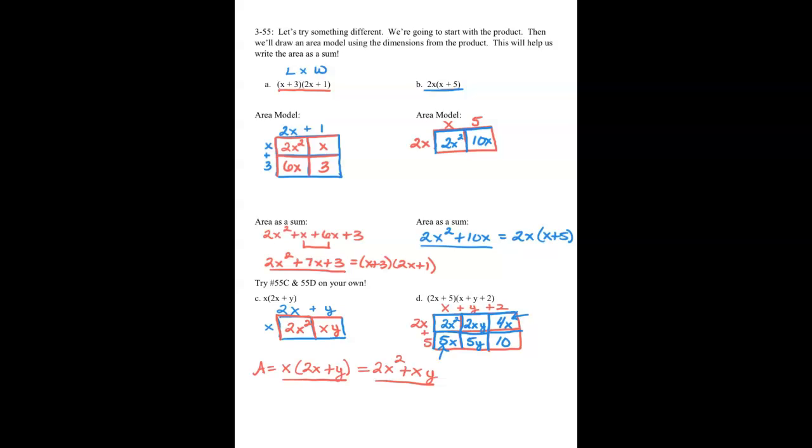This process tells us that the product 2x plus 5 times x plus y plus 2 is equal to 2x squared plus 2xy plus 9x, I got that from taking the 4x plus the 5x, plus 5y plus 10.